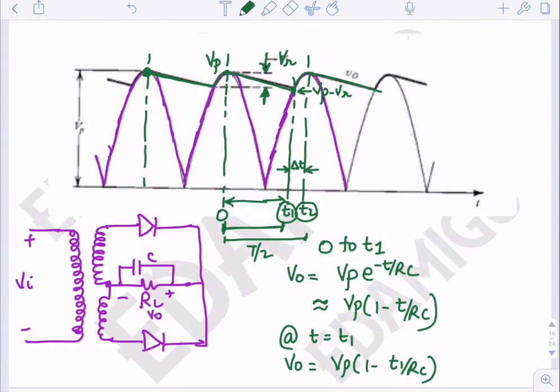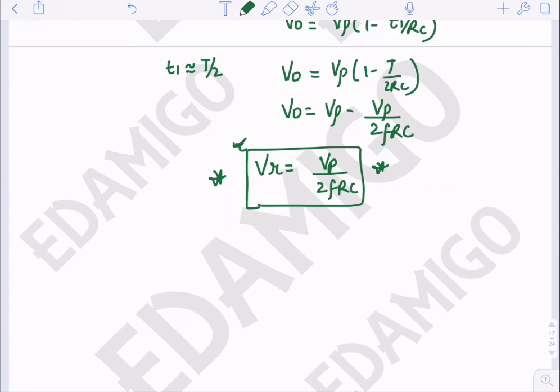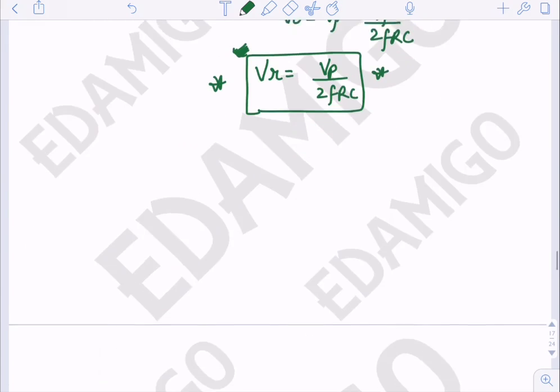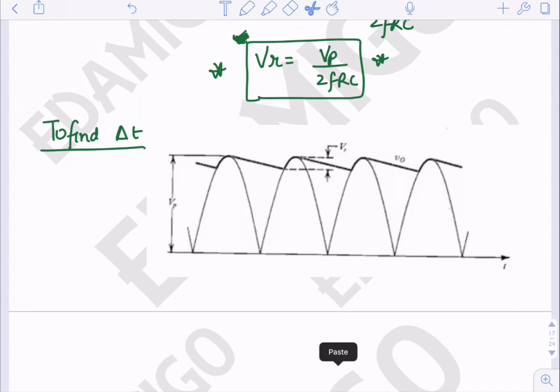Now to find out the delta t, we will do this. Okay, so we have Vr, to find delta t. We know that the output is equal to the sinusoidal curve from the time instant, let us say this time instant is t3, this is t4.